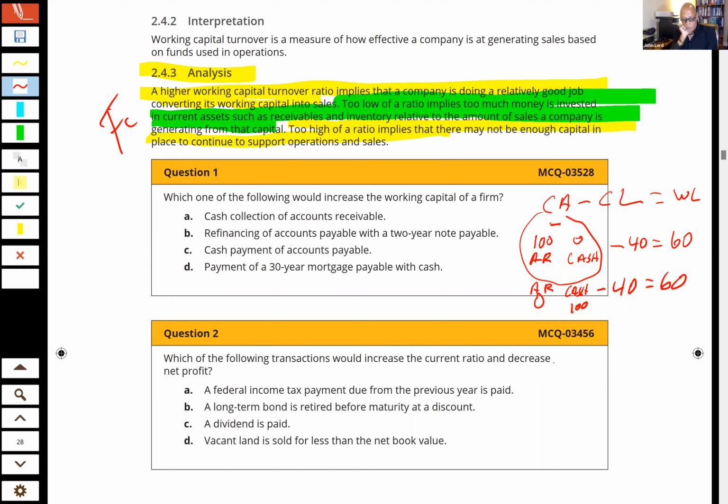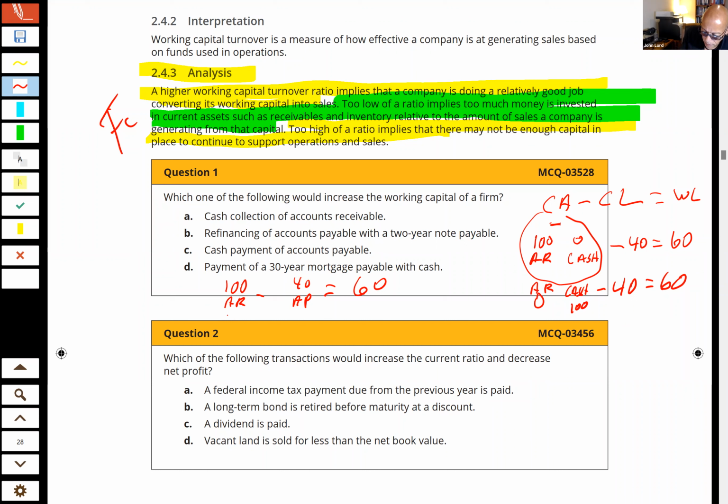Yeah, okay. And then B, refinance accounts payable with a 2-year note payable, what's going to happen? Just use the same numbers. Let's say that I had the $100 of accounts receivable and a current liability, accounts payable, of 40. That makes my working capital 60. Well, let's say that I refinance that accounts payable with a longer term item.